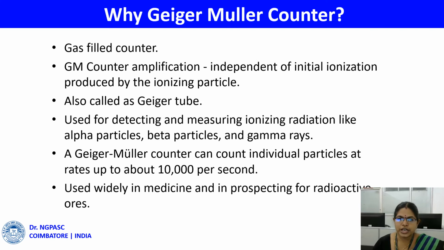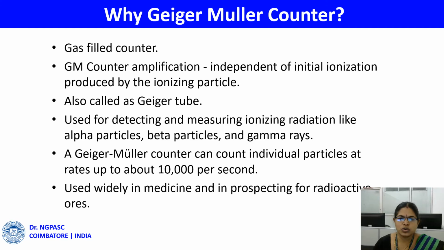So here, why Geiger-Müller counter? It is an instrument used for measuring ionization radiation. It detects ionization radiation such as alpha particles, beta particles, gamma rays using the ionization effect produced in a Geiger-Müller tube. So it is perhaps one of the world's best known radiation detection instruments. It is a gas filled counter.